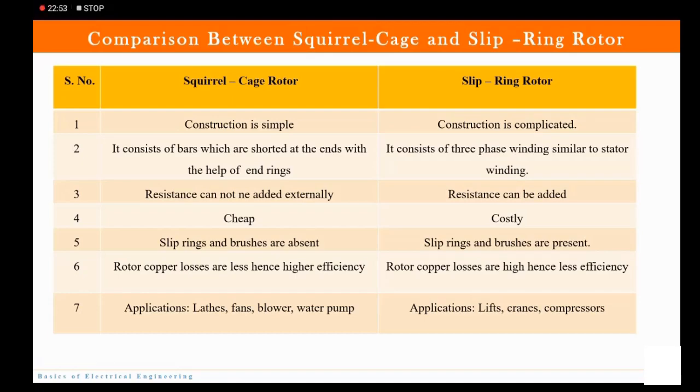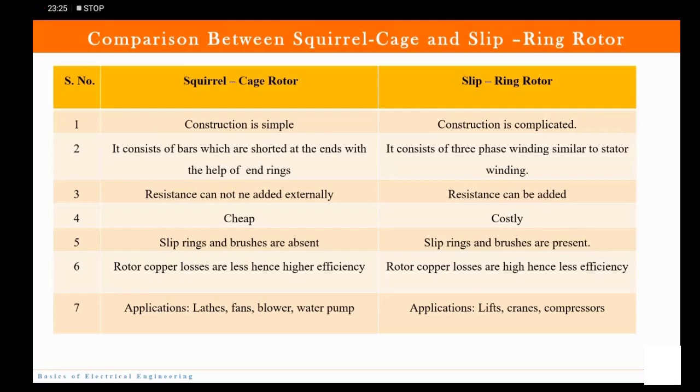Secondly, squirrel cage rotor consists of bars which are shorted at the ends, but slip ring rotor has three-phase windings which are exactly similar to the stator windings. Then the problem of squirrel cage rotor is you cannot connect external resistance, whereas in slip ring rotor you can connect external resistance. This is the advantage of slip ring rotor. Now if we talk about cost, squirrel cage rotor is cheap and slip ring is costly.